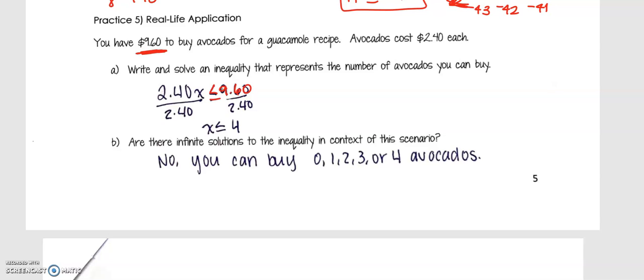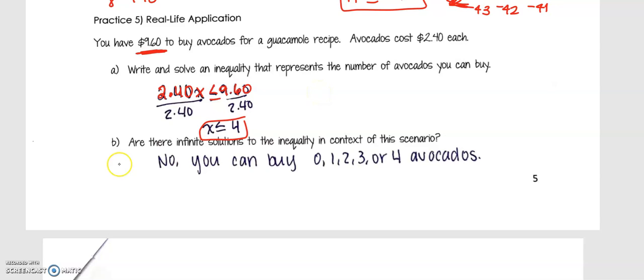So we have to think about in terms of the context, what's it talking about? Is it less than or greater than? If that's all my money, it can't be greater than, right? And then if it's $2.40 each, I'm going to multiply $2.40 by how many avocados I get. Solve that. I'm going to divide both sides by 2.4, and then I get x has to be less than or equal to 4. That's how many avocados.